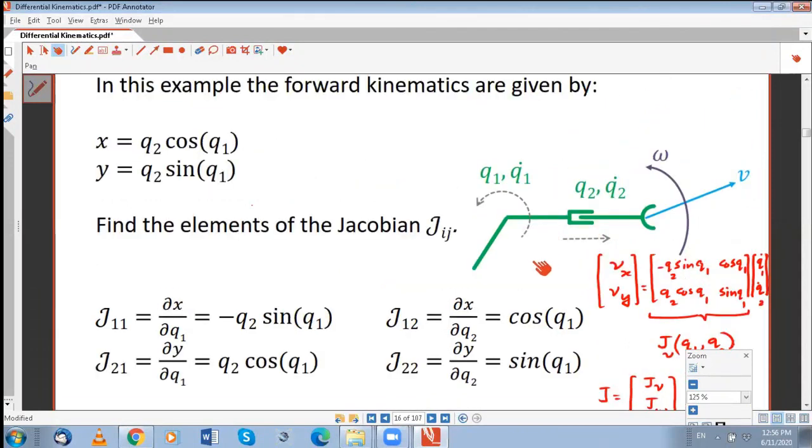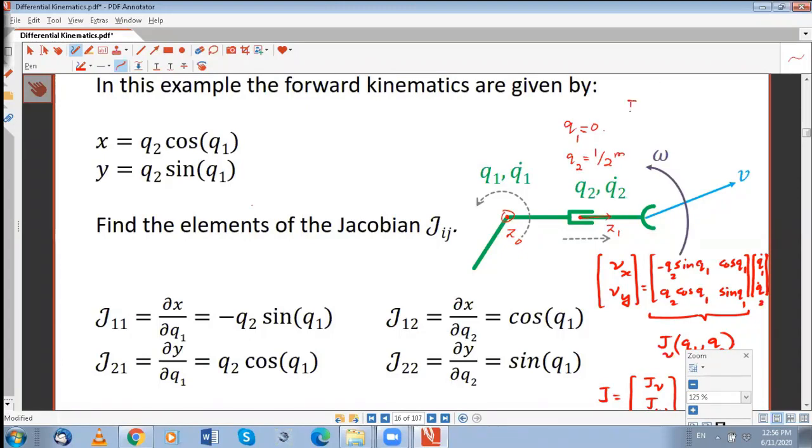For example, let's take q1 as 0. So z0 is here and z1 is here. Let's say your theta 1, let's call it q1, is 0, and let's say your D2, q2, is half a meter, and that is in radians.